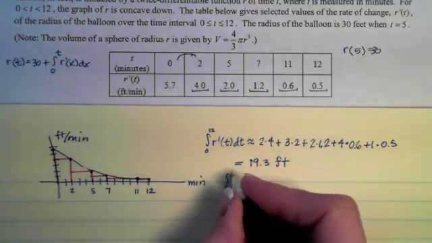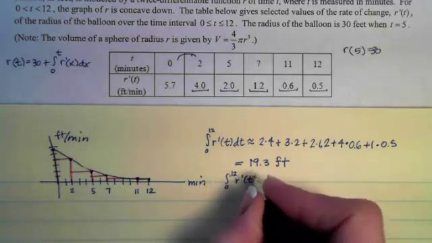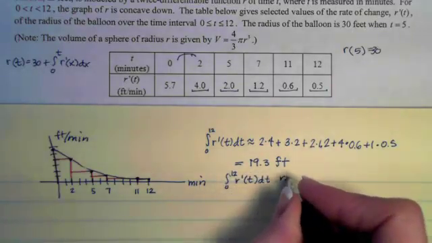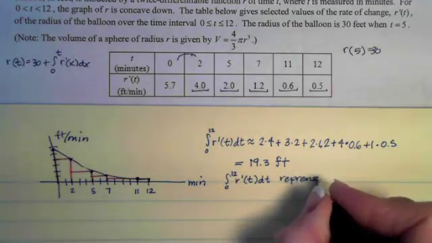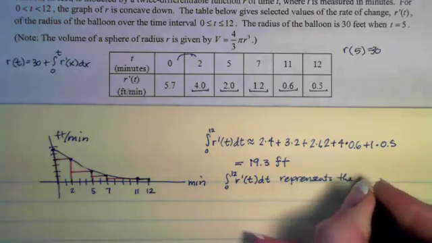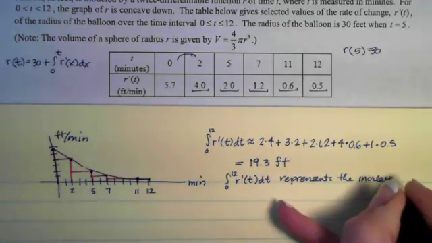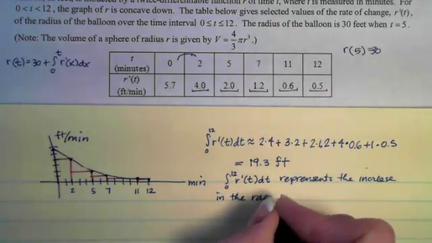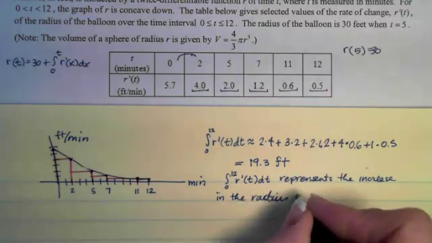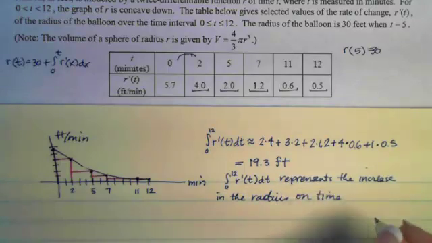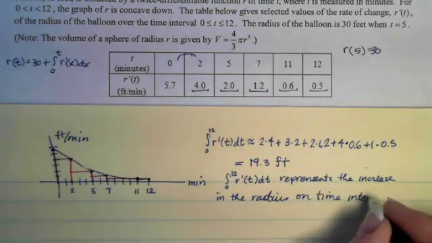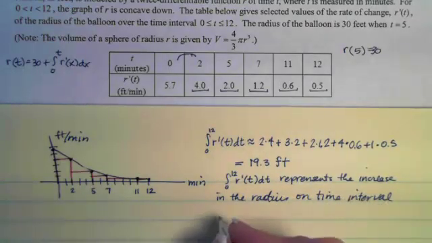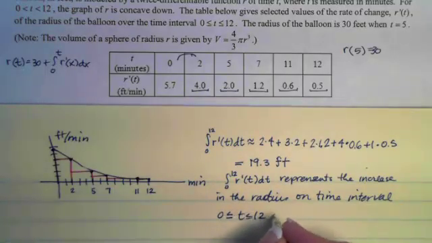So the integral from 0 to 12 of r prime of t represents the increase in the radius on the time interval from 0 to 12 minutes.